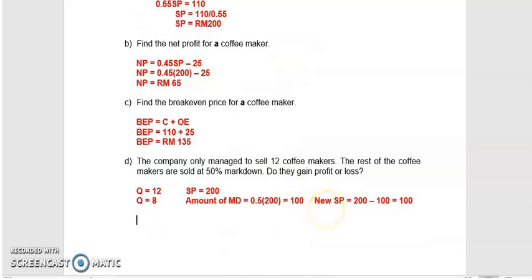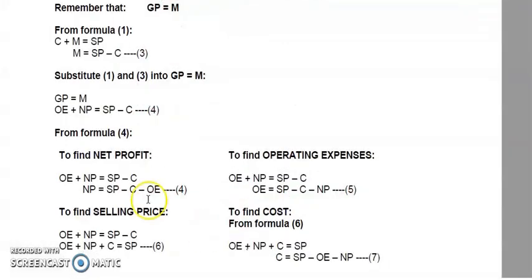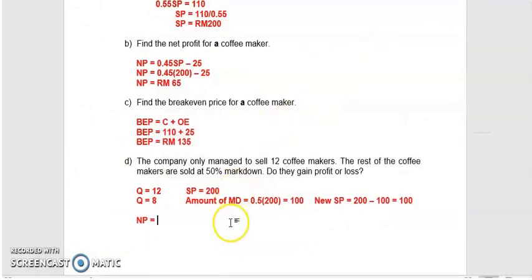Now we want to calculate net profit in order to know whether we get profit or otherwise. What is the formula for net profit? If you refer to the formula, net profit equals selling price minus cost minus OE. Here you need to calculate the NP, you do like this.